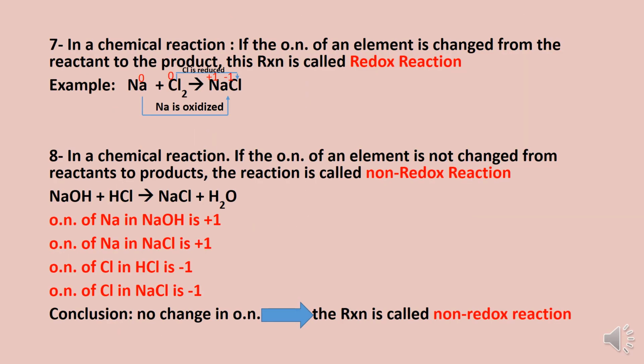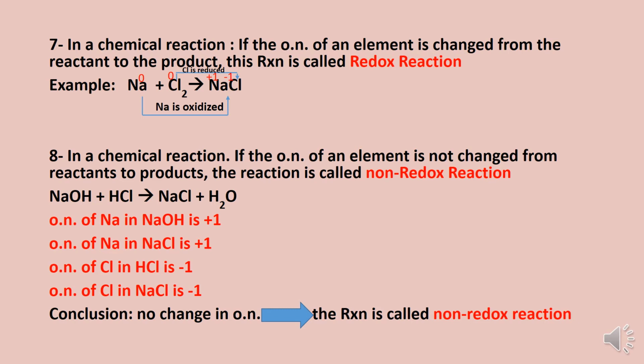Now let's have the seventh rule, which is: in a chemical reaction, if the oxidation number of an element is changed from the reactant to the product, this reaction is called a redox reaction. Example, Na solid plus Cl2 gas, you will get NaCl.